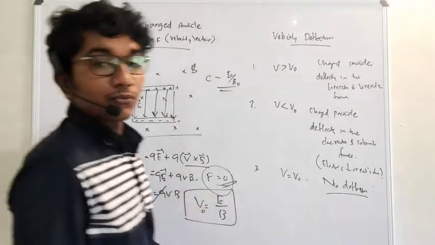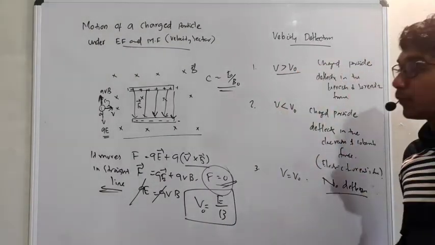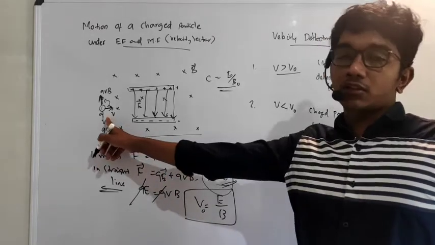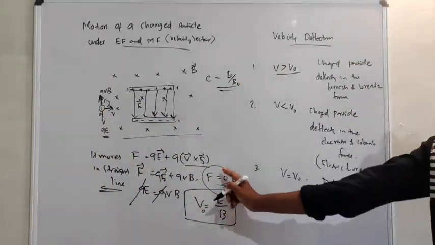Here we have given three particular cases regarding velocity and deflection. First case: V is greater than V0. Suppose the actual velocity V is greater than V0, the value at which the force is equal to 0.